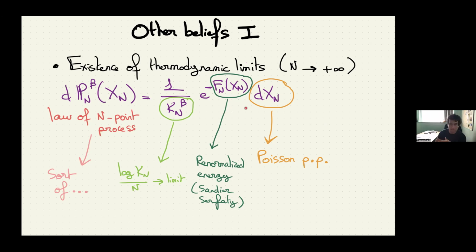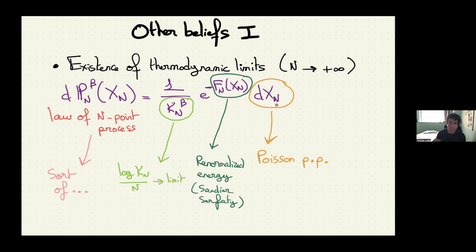If I write my finite volume model again, this is the law of an n-point point process, and I would like to derive some kind of limit for it. I can look at each block. This is n points IID in a big disk. This has a limit, so to speak, which is a Poisson point process, with infinitely many IID points in the plane.